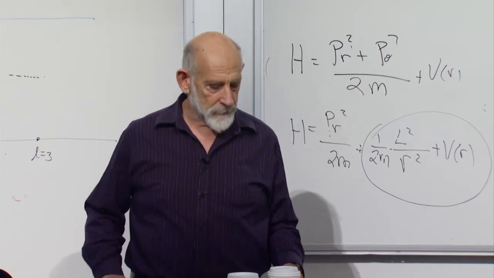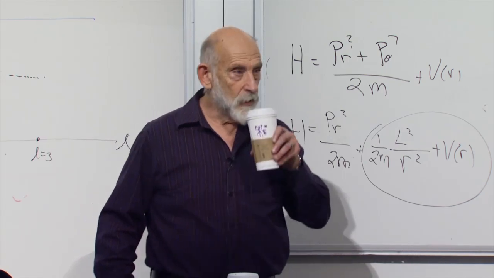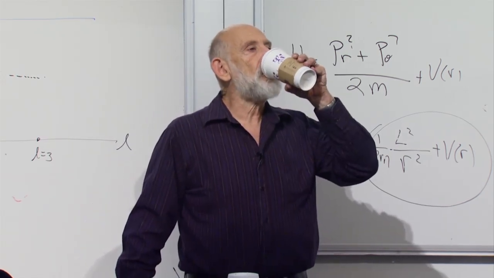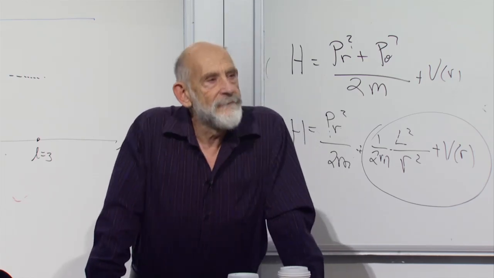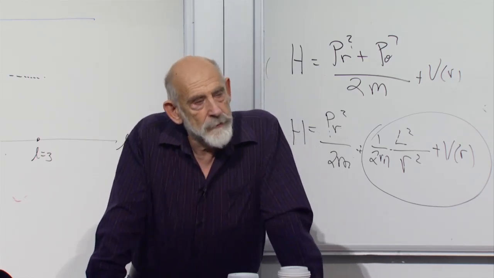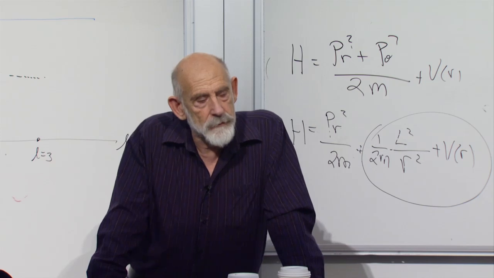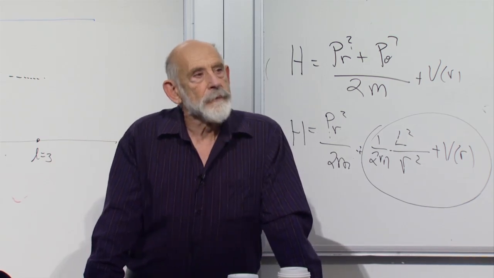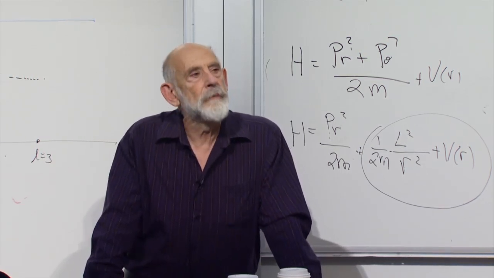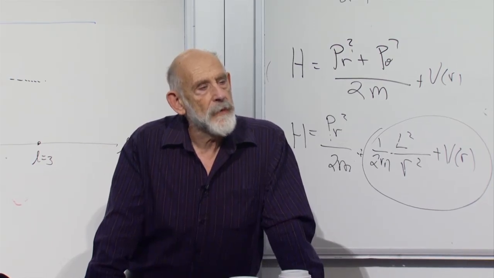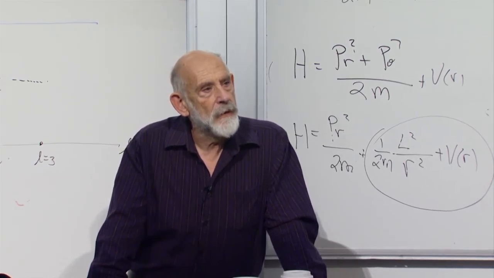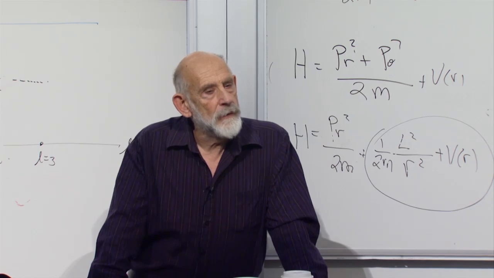And the second question is, you get back to the very beginning between classical mechanics and quantum mechanics. The biggest difference is capital L squared is equal to little l squared in classical, and it's equal to L times L plus 1 in quantum. Right.